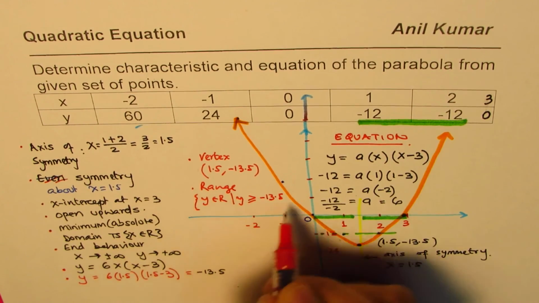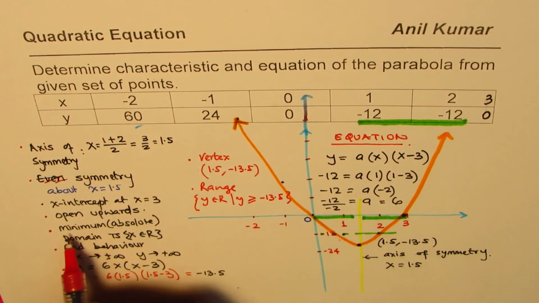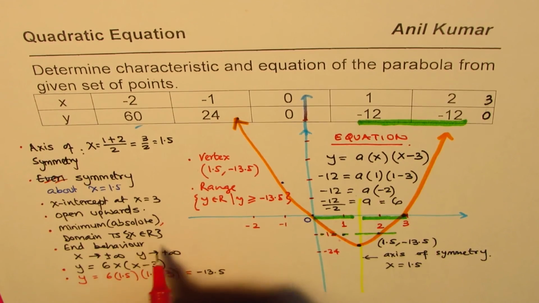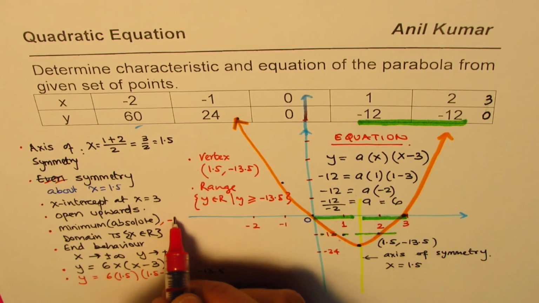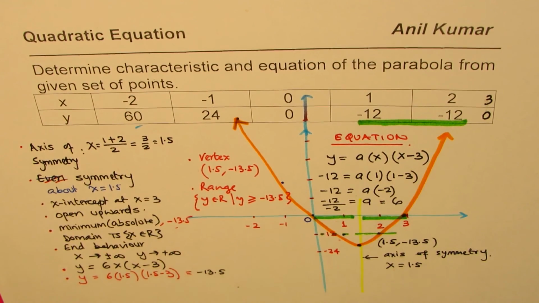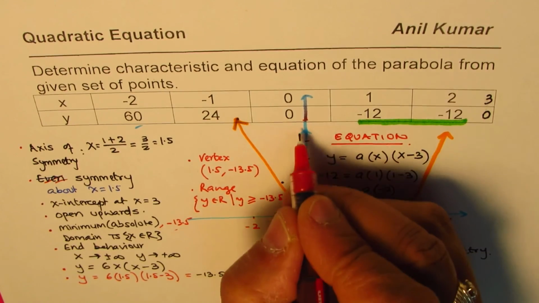Is it okay? So we have the minimum, absolute minimum, whose value is minus 13.5. So we know that absolute minimum value. So likewise, we can now get most of the characteristics from the given data.